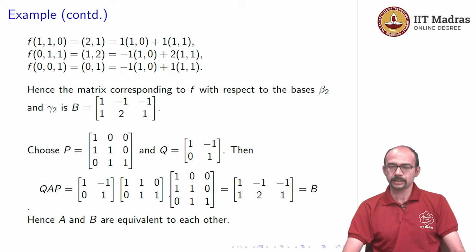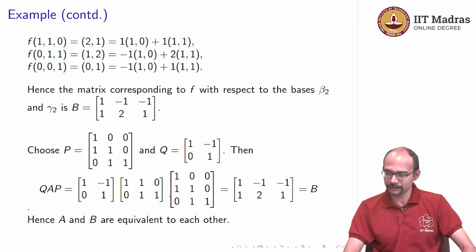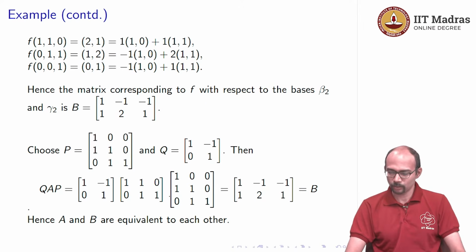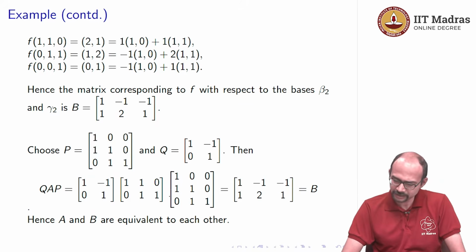So, then Q times A times P, this is something you have to compute. I have done the computation here. This is (1 minus 1; 0 1) times (1 1 0; 0 1 1). So, this was A times P, where P is (1 0 0), (1 1 0), (0 1 1). So, if you multiply this out, let us see what you get after doing the first multiplication.